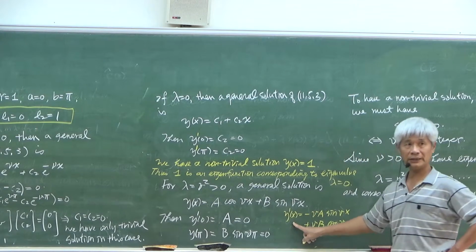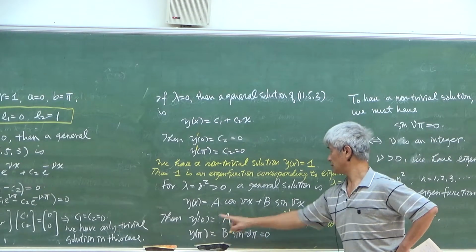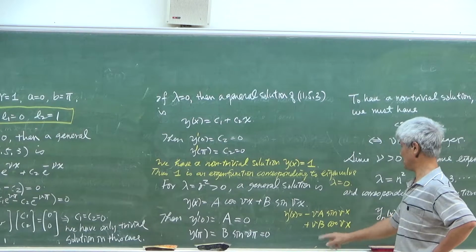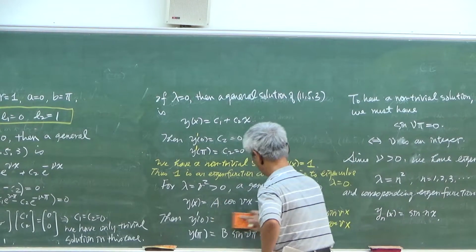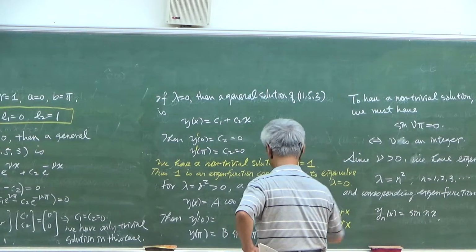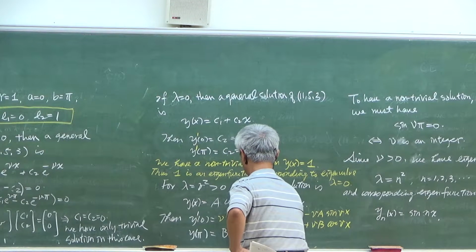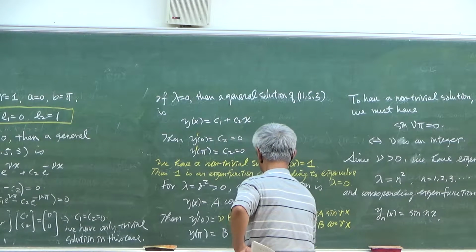So y prime at 0 equal to 0 implies that mu b is 0, so b is 0.